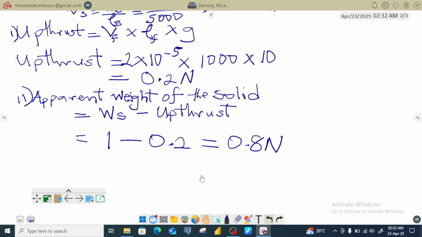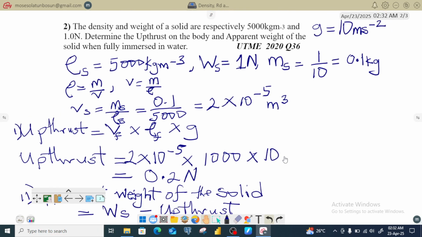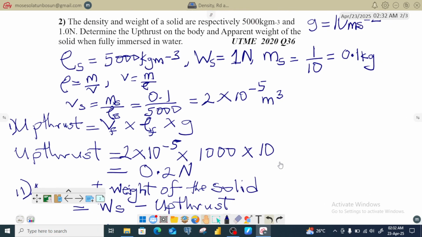Okay, let's briefly go through what we have here. We have the density and weight of the solid given in the question. We have to determine the upthrust and the apparent weight of the body when fully immersed in water. The step taken, we first find the volume of the body, and that translates to the volume of the fluid displaced as long as the body is fully immersed in the fluid.